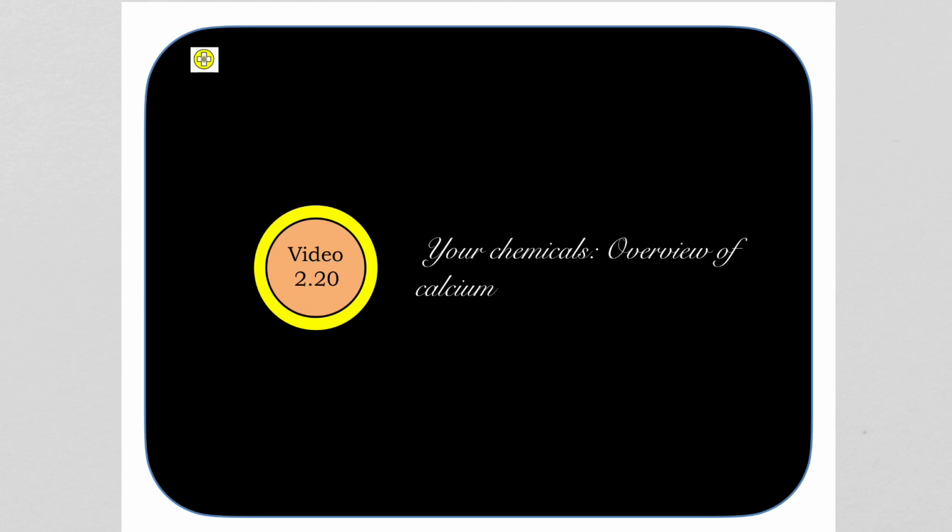ADME, absorption, distribution, metabolism, excretion, basically the physiology of these chemicals, as well as the clinical applications, such as why do these chemicals increase in your bloodstream, for example, hypercalcemia, hypernatremia, and so on.